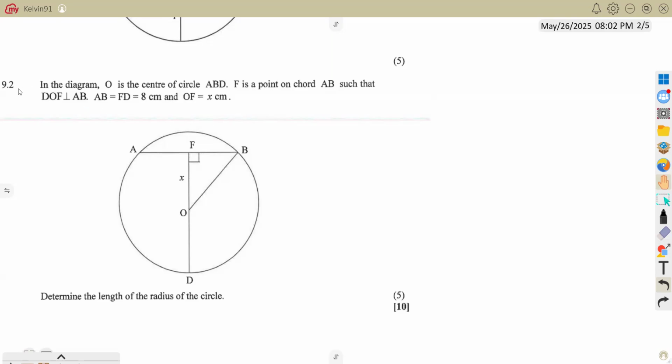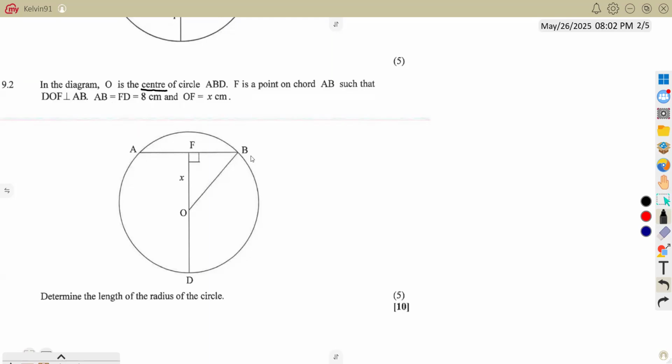So we are now on question 9.2. In this question, we are given in the diagram O is the center of the circle ABD. F is a point on the chord AB such that DOF is perpendicular to AB.